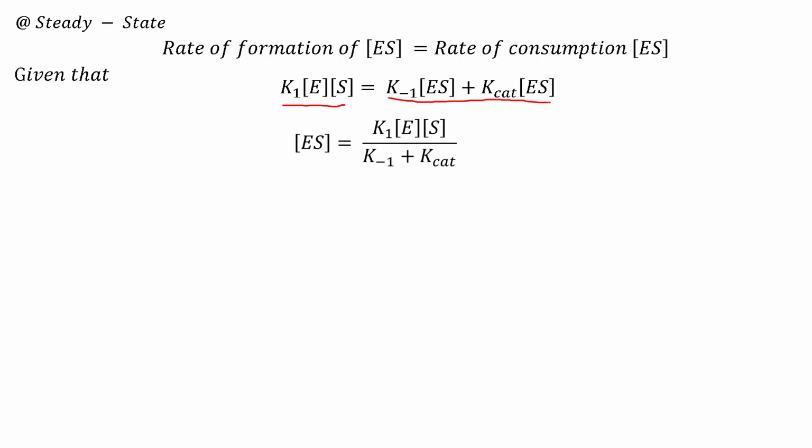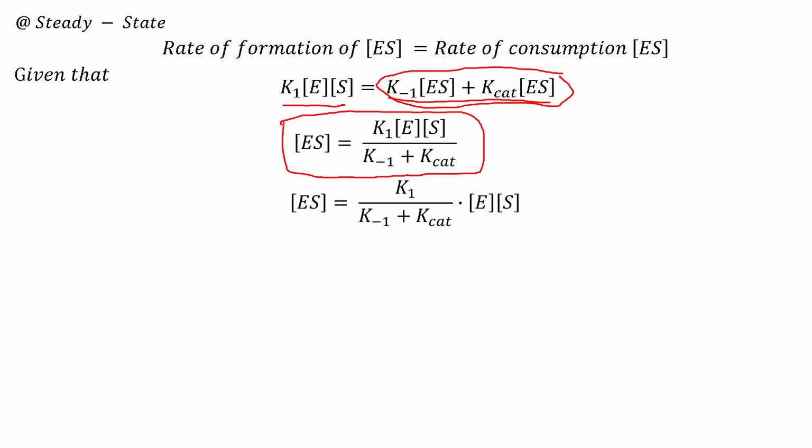We have to factorize this equation, bring out ES, and divide by the rest on the left side of the equation. So your ES is equal to this equation. A little adjustment will give us that our ES concentration will be equal to K1 over K minus 1 plus K cat, all multiplying E and S.